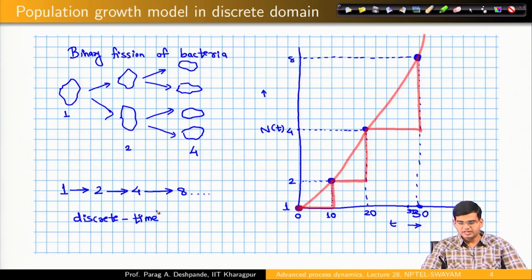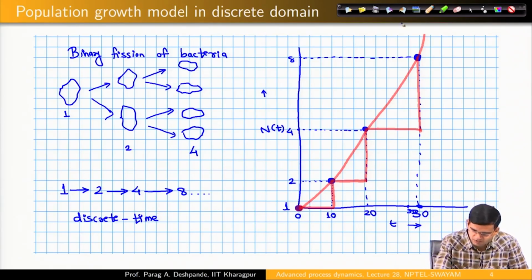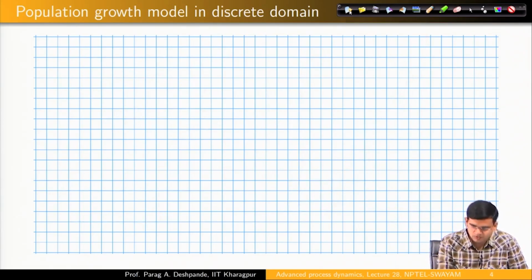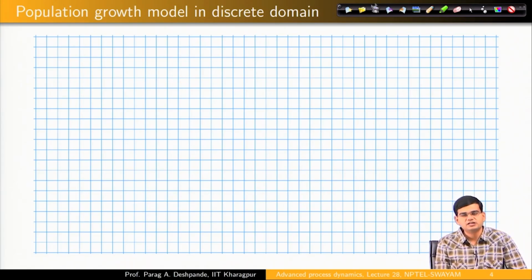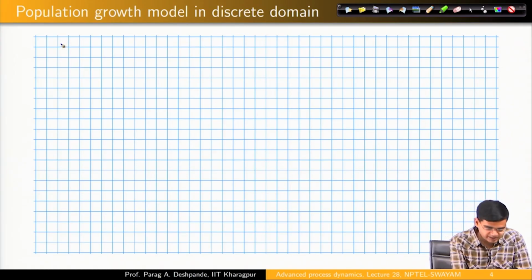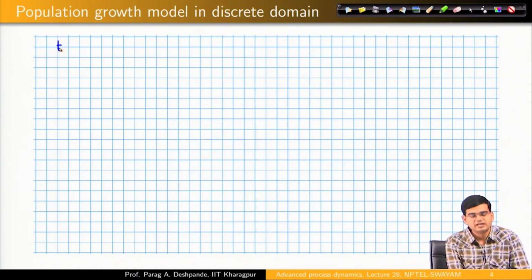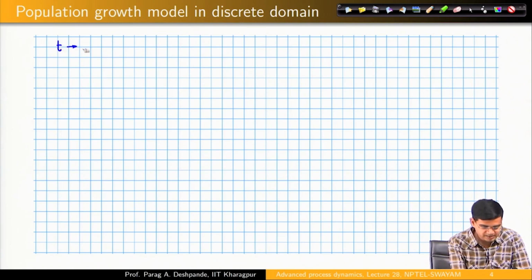So, what now can be done for this particular analysis? Let us see. Now, I would like to know the population of the bacteria in time. So, I know that time t is now going to be like time t 0, t 1, t 2, and so on.